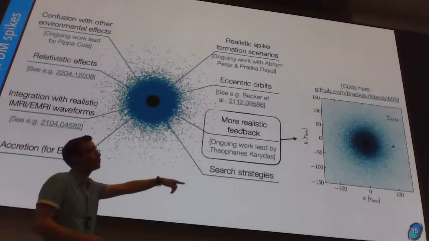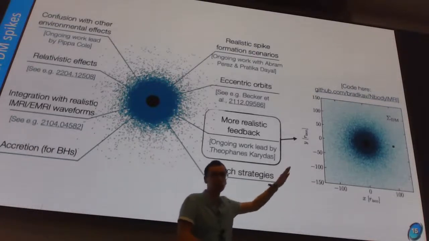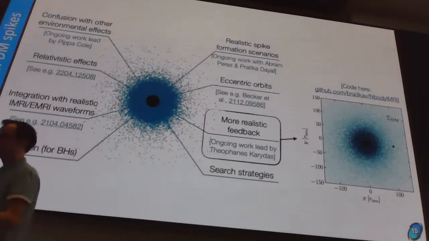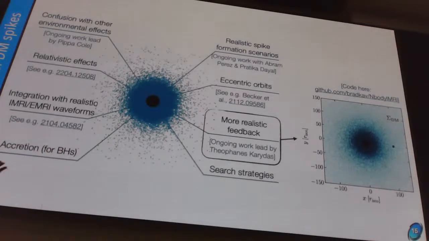We're in the middle of writing some n-body code so that we can fully simulate this without having to resort to semi-analytic models, extract waveforms, and eventually get to the point where we can do some kind of template fitting and search for these systems.